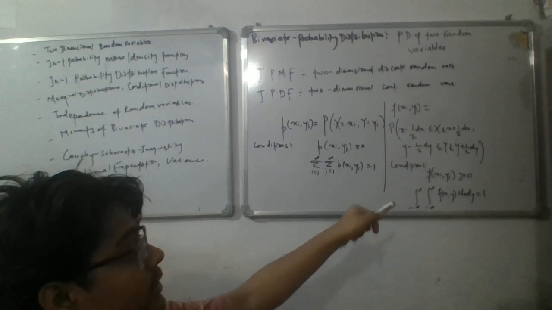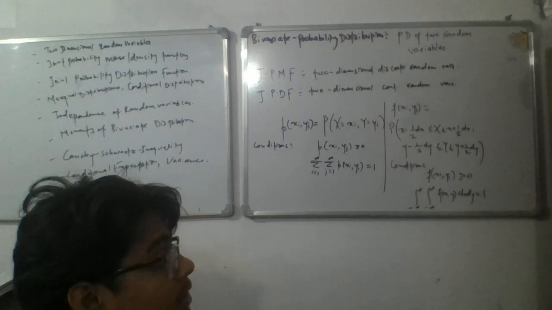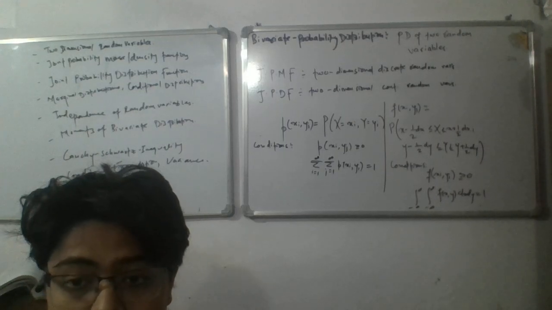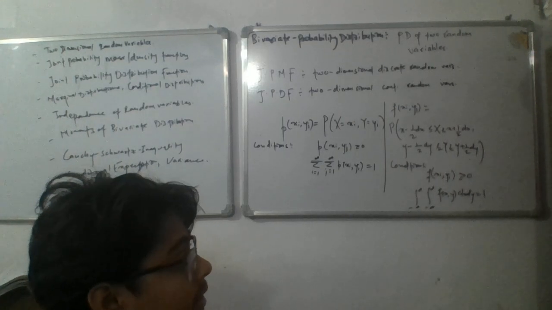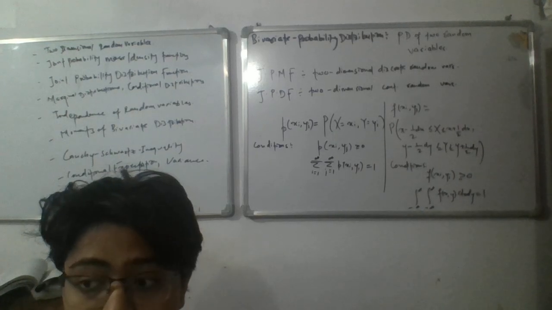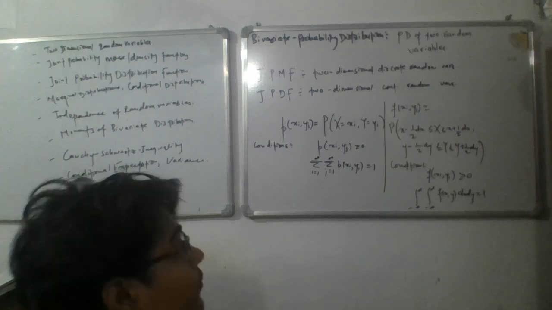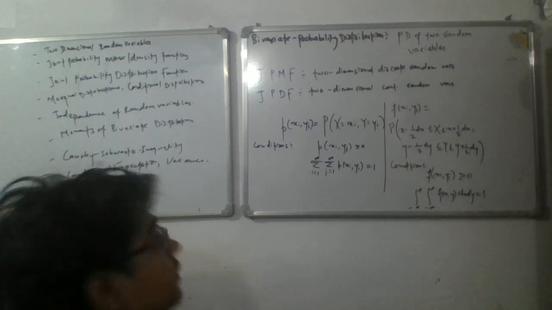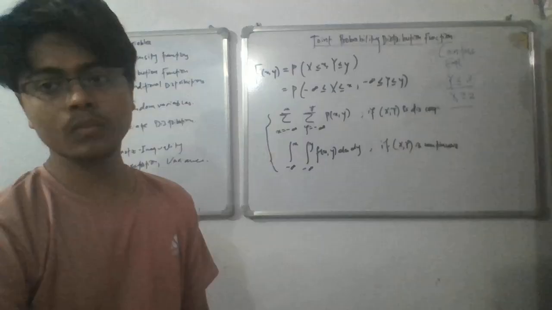The first one says the density function must be greater than or equal to zero. And the second, the integration sign, means that the probability of all events must equal 1. So this is what the probability mass and density function is.